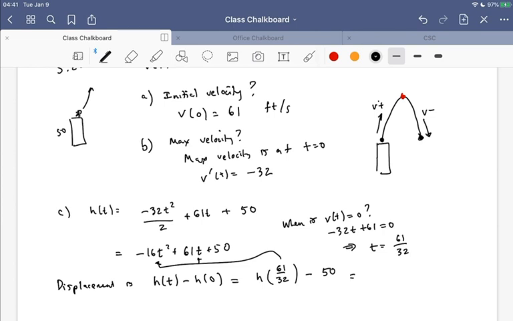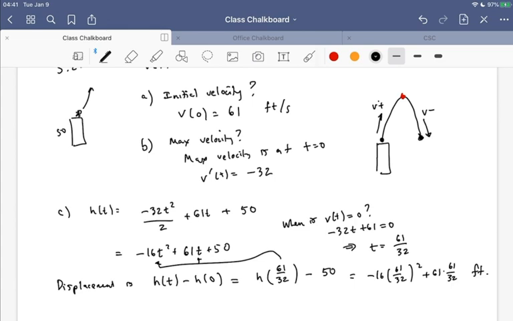So this would be negative 16 times 61/32 squared plus 61 times 61/32, and that's it, because we'd have plus 50 and then minus 50, so those would cancel each other out. And that's going to be some nasty number, whatever you get. What are the units for this? Well, displacement is a distance, so the units should be in feet, because that was the distance unit for this problem.